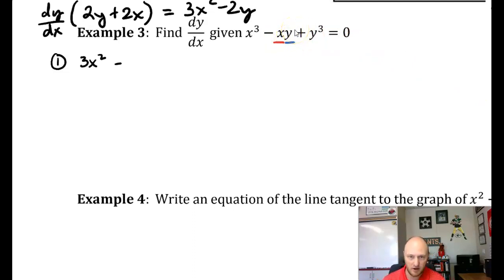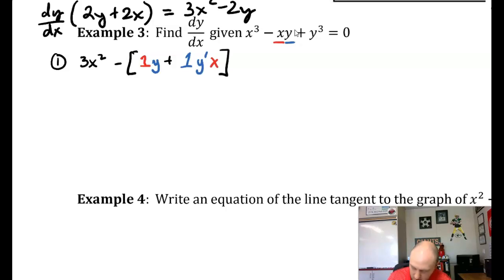This is the product rule. Be very, very comfortable with the product rule in this setup. x times y. So I have the derivative of the first, which is 1, times the second, which is y, plus the derivative of the second, which is y prime, the derivative of y with respect to x, times the first, x.